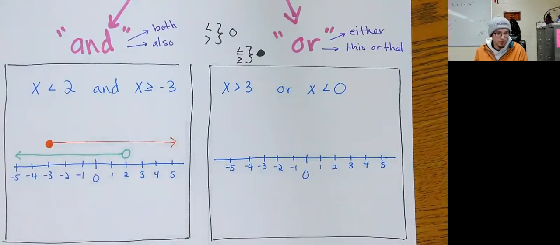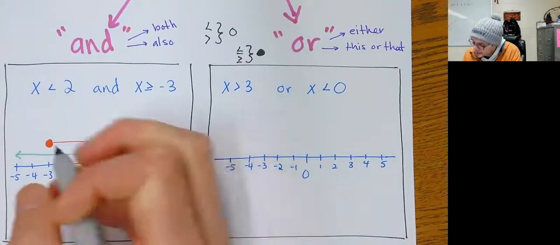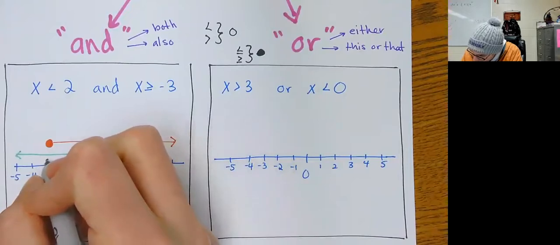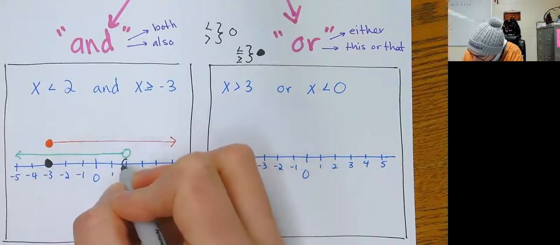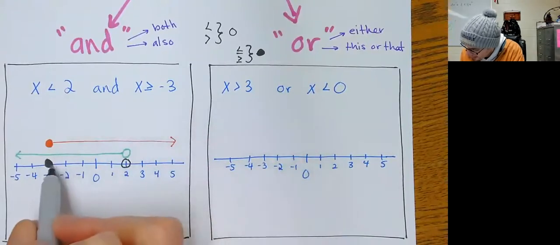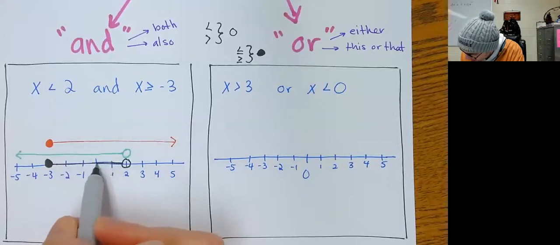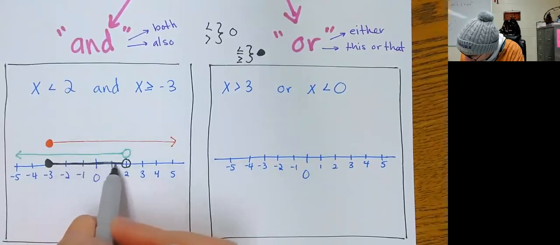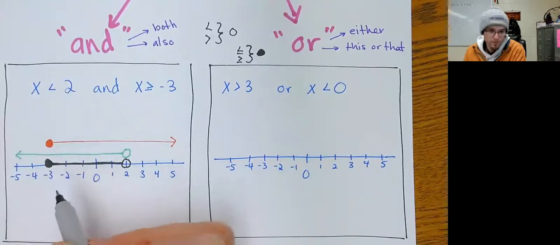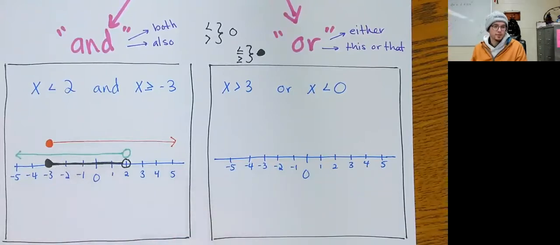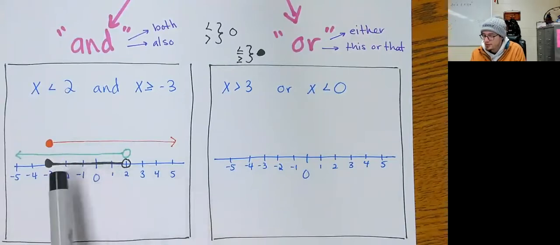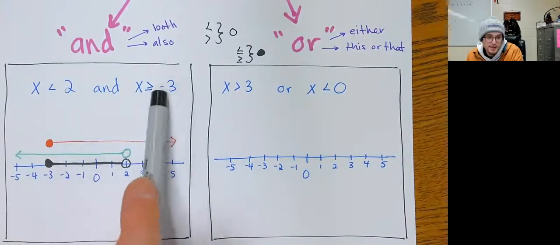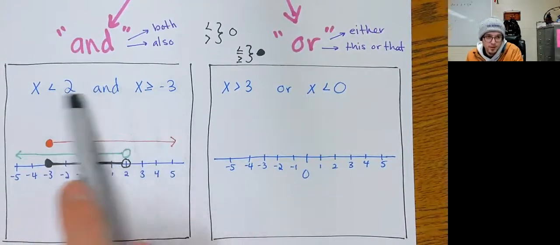It's happening in between, where they overlap. That is where all these solutions would satisfy both of these. They would solve both inequalities.